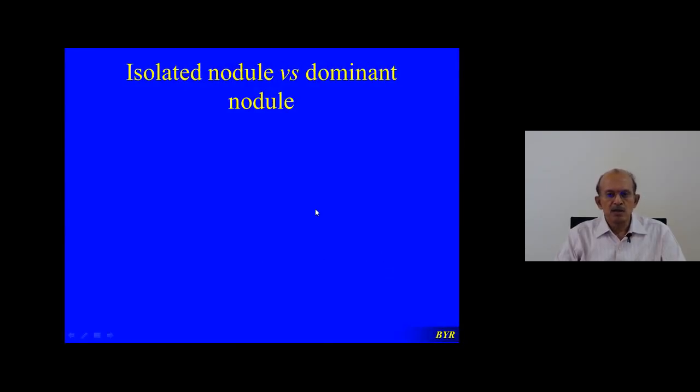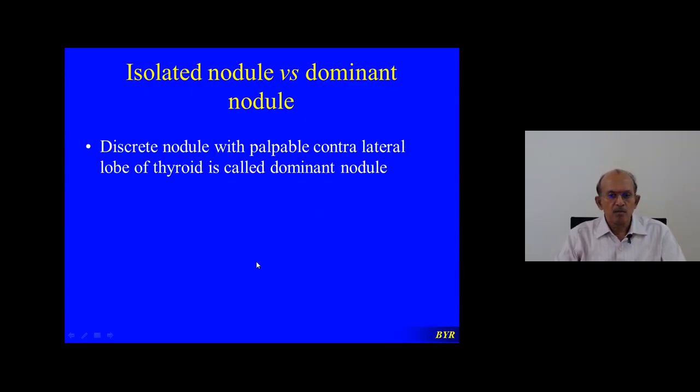Isolated nodule versus dominant nodule. There are two conditions which are almost similar: isolated or solitary nodule, and dominant nodule. What is a dominant nodule? A discrete nodule, that means a solitary nodule, with a palpable contralateral lobe of the thyroid gland is called a dominant nodule.